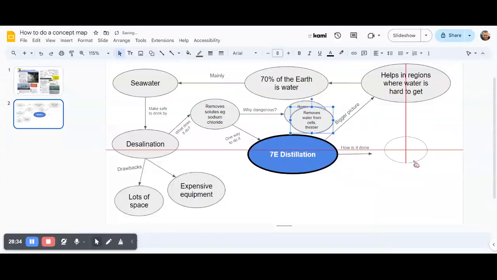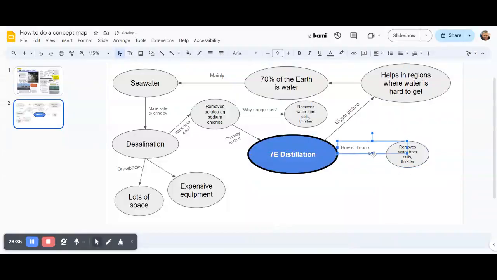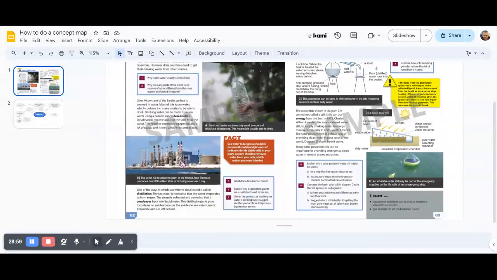So let's have this just moved over here. I just need the arrow, so I just need to move that up here, and then let's just move this here, connect it here. Okay, right, so heat the water. Heat the seawater. Well, does it apply to other things?